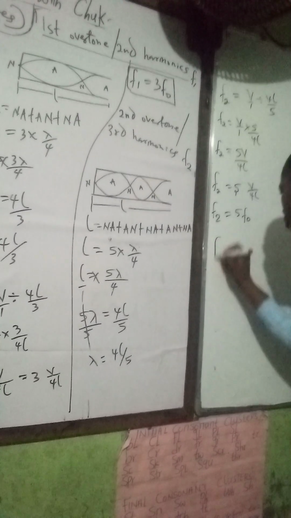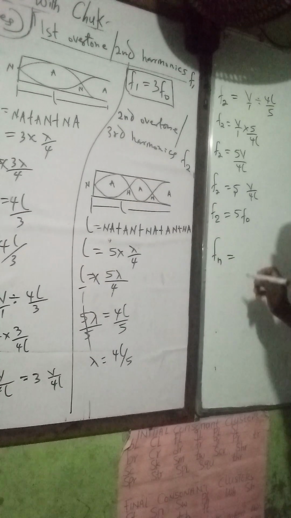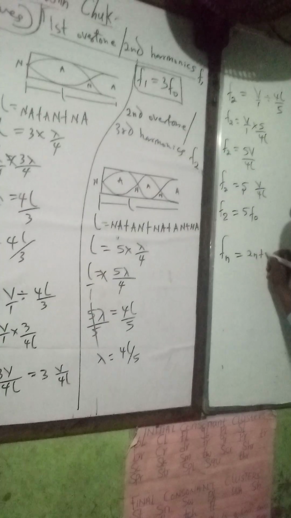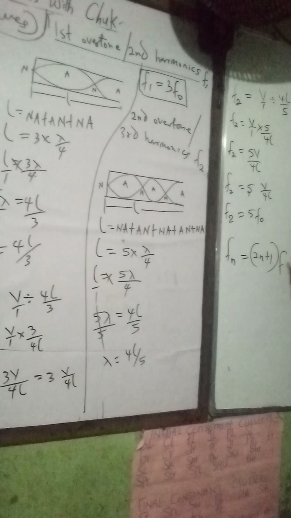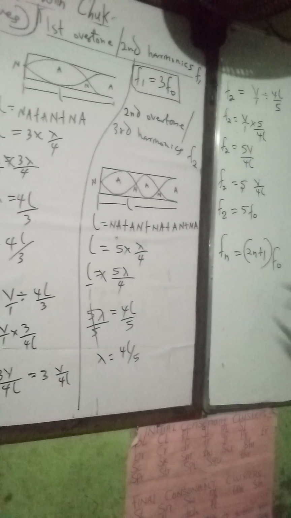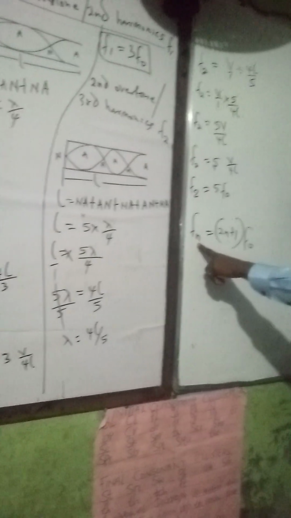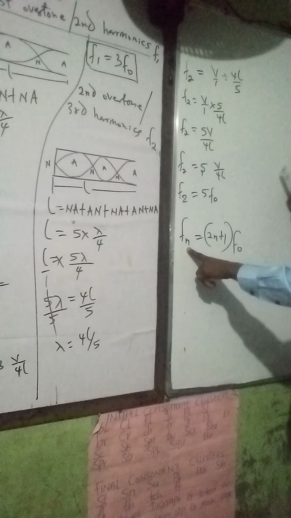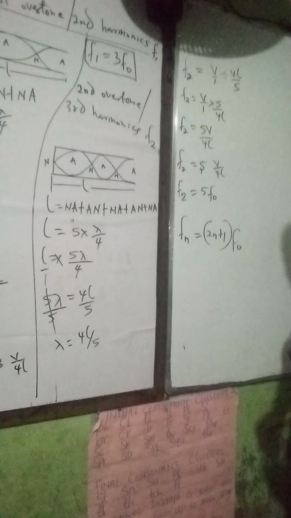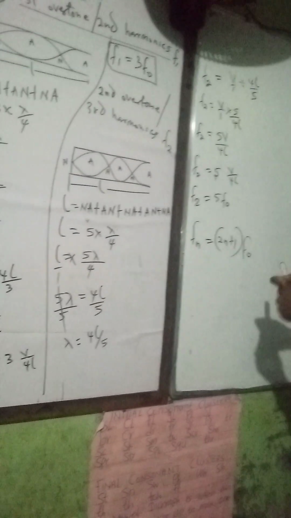Use the formula Fn equal to 2n plus 1 times F0. Now where n is the number of overtone. You get that? No matter the number of overtone they ask you to get the frequency, as long as you use this formula, you are going to get all of them.